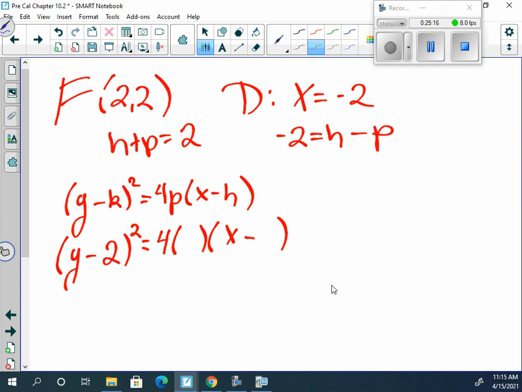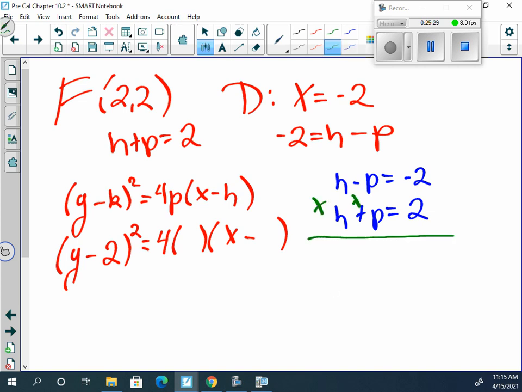Because what I was wanting to do was correct, because it would be h minus p is equal to negative 2. H plus p is equal to 2. We can solve this by a system of equations using elimination.